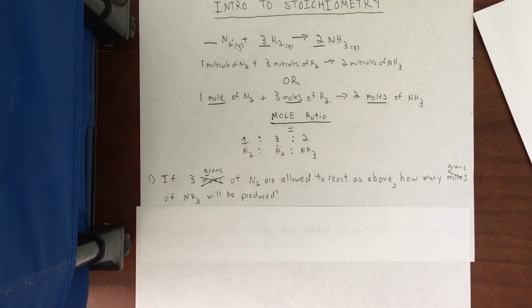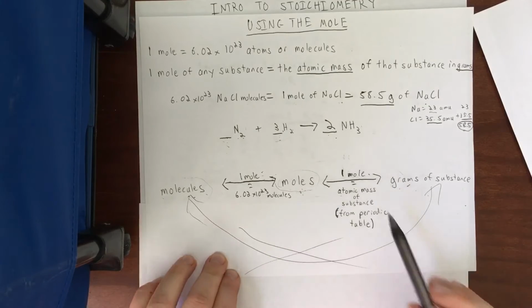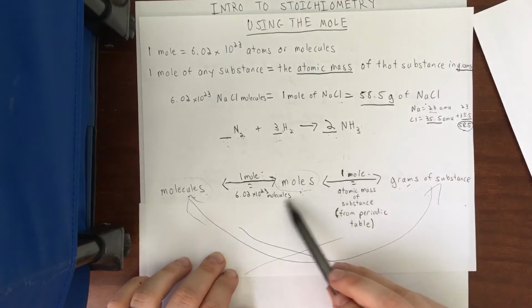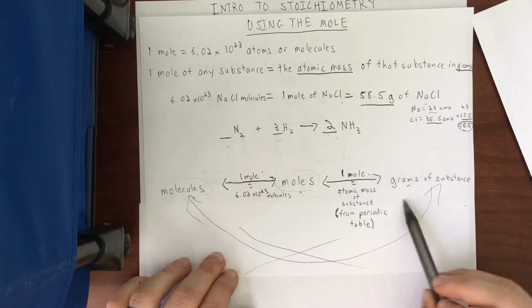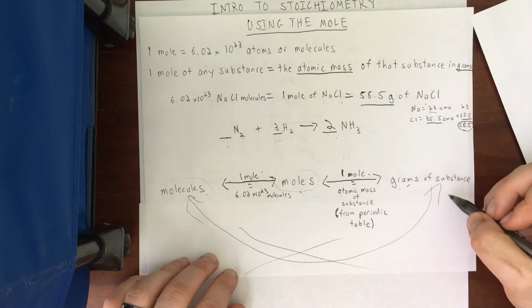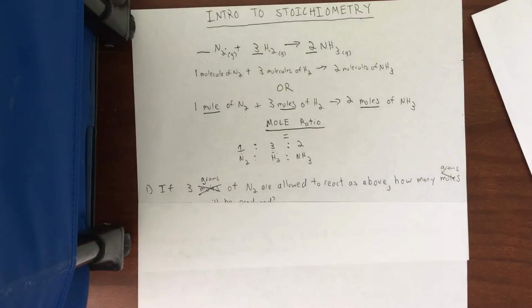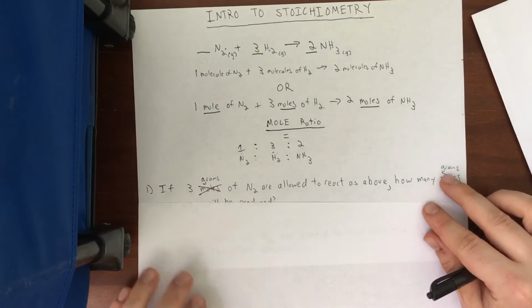So that creates a problem. And the way to solve that problem is we know how to convert between moles and grams of a substance. We know that 1 mole of any substance is equal to the atomic mass of that substance in grams. So that makes this a fairly easy thing to solve.